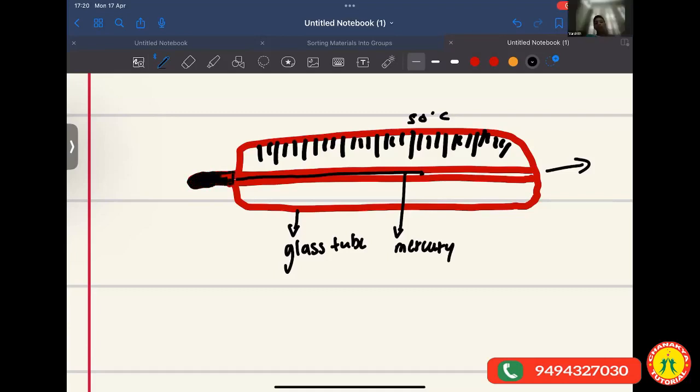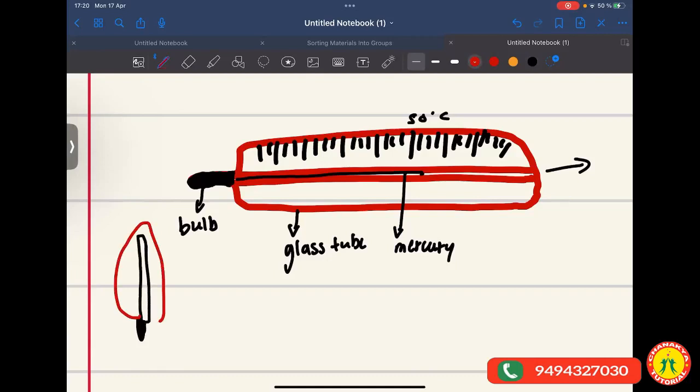Yes, ma'am. So this is called the bulb. Okay, so the bulb, you can actually remove separately. It will come out like this. This is the bulb. The remaining is the glass tube. The glass tube is put over the bulb.